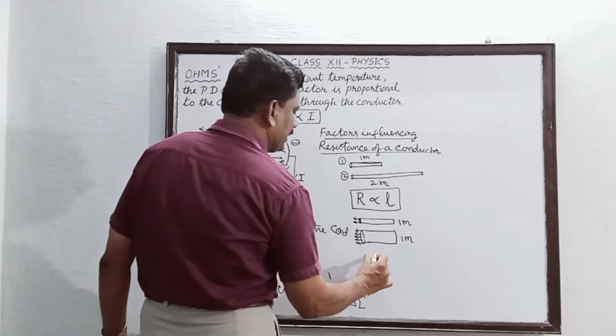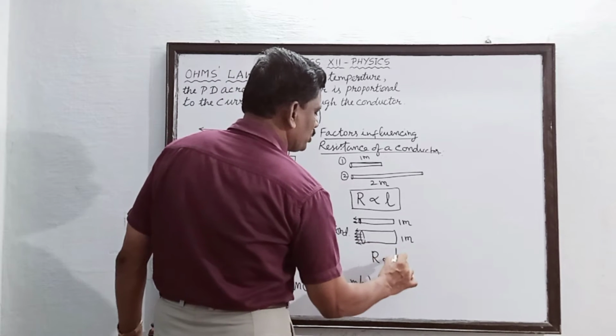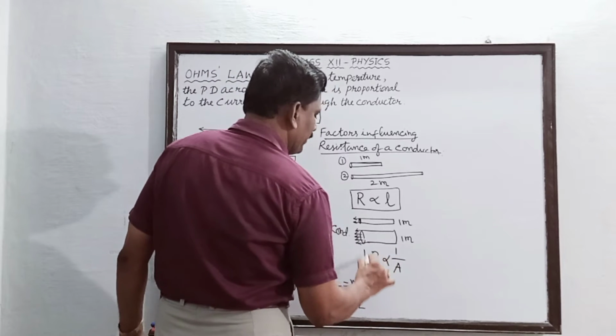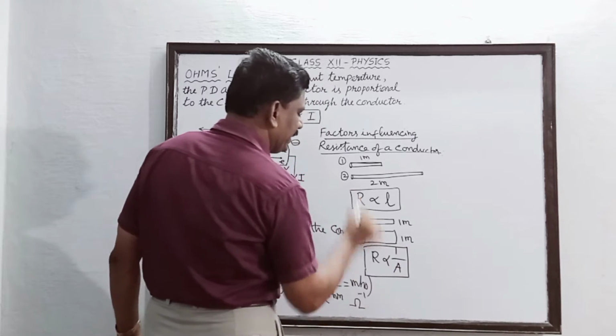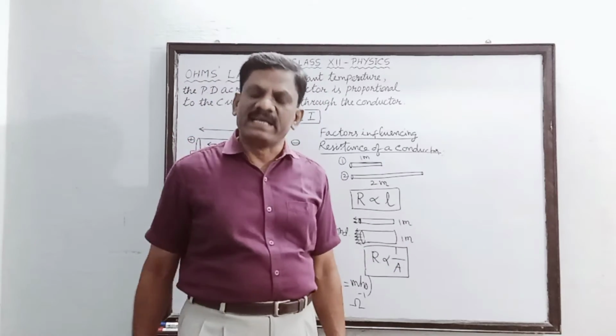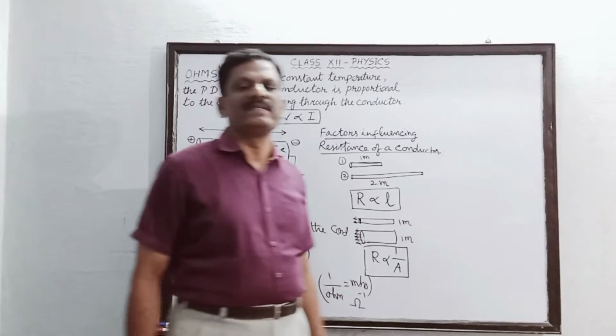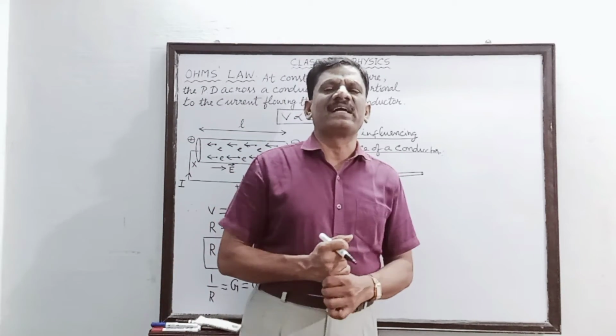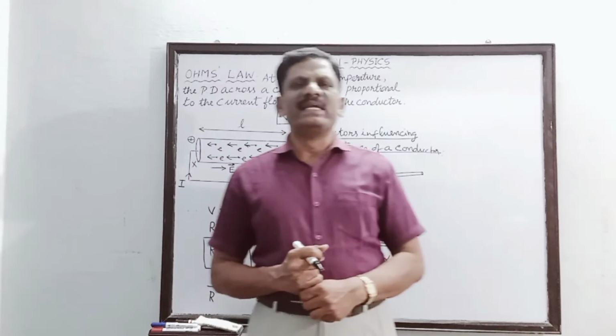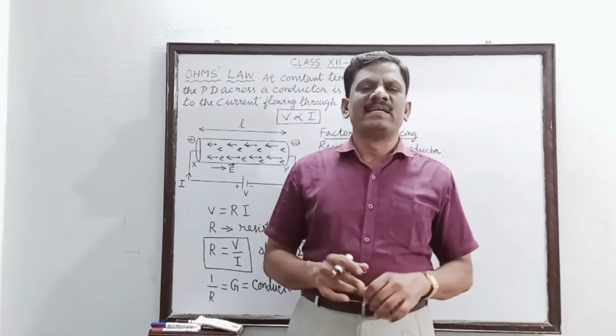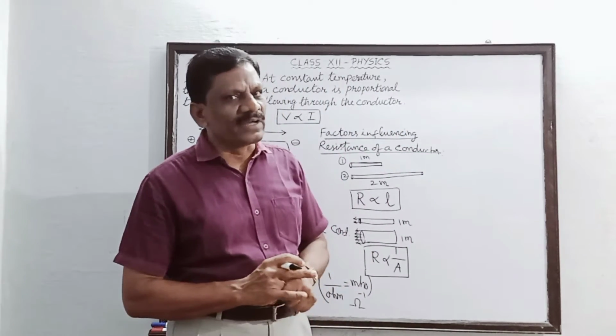So, I can take that R is proportional to 1 by A, where A is called the area of cross section of the conductor. So now, what are the two factors on which the resistance of a conductor depends? One is its length, and second one is its area of cross section.